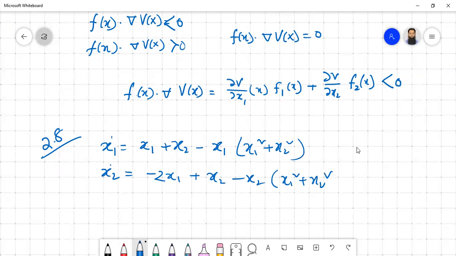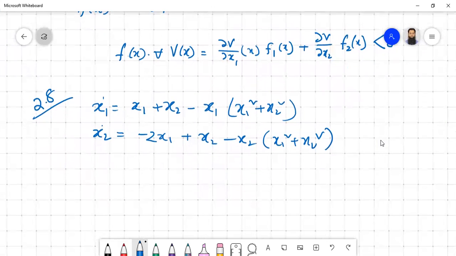So this is the system. Now let us apply this condition to check the system. The equilibrium point of this one is again 0, 0. Most of the cases it is 0, 0.